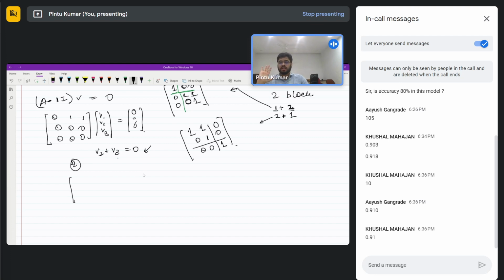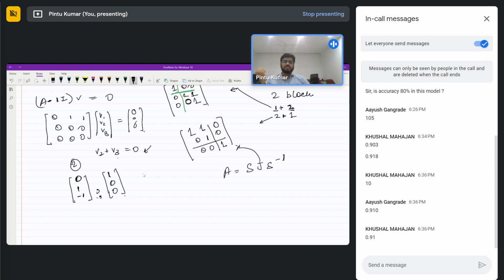For the first case, let's take V1 equal to 0. Let's take V2 as 1, then V3 will be minus 1, right? Another can be V1 is 1 and the other ones are 0. So these are my two linearly independent eigenvectors. Now, as I said initially, we can write this matrix as S J S inverse.